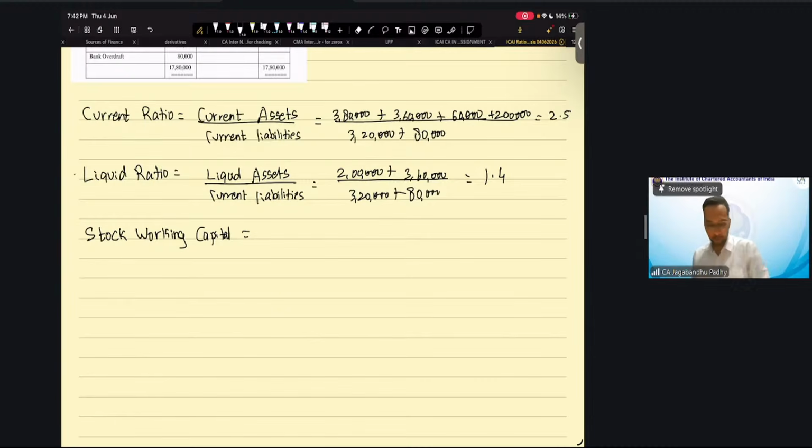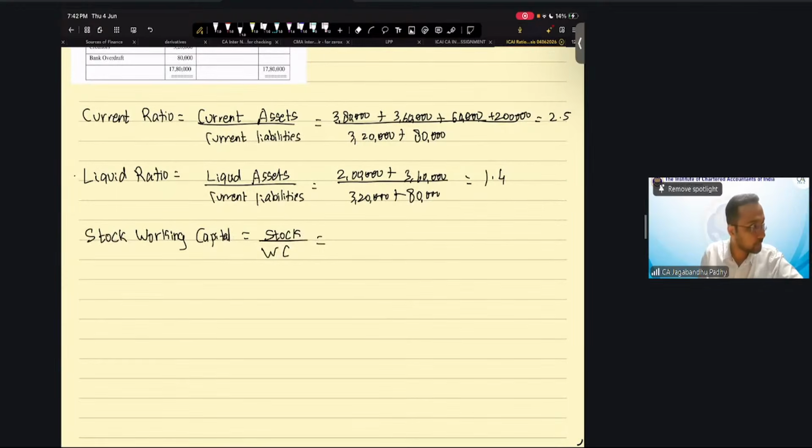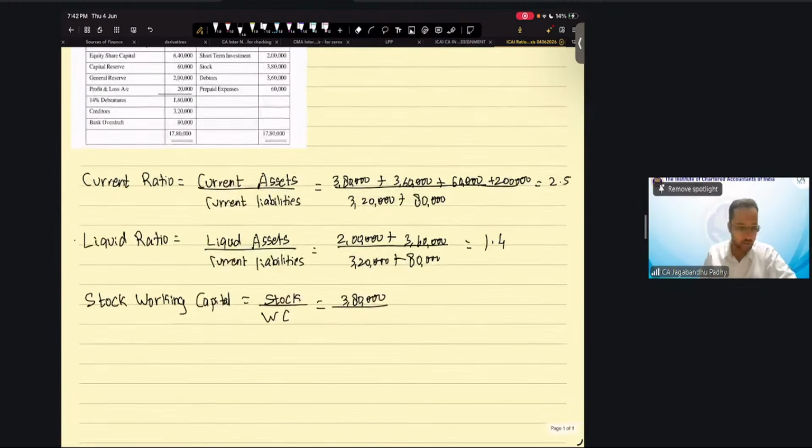It is going to be stock upon working capital. So we have the stock value as 3,80,000. Stock is 3,80,000 upon working capital, which is current assets minus current liabilities.